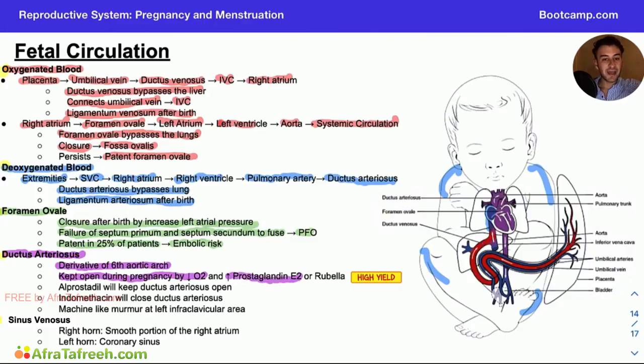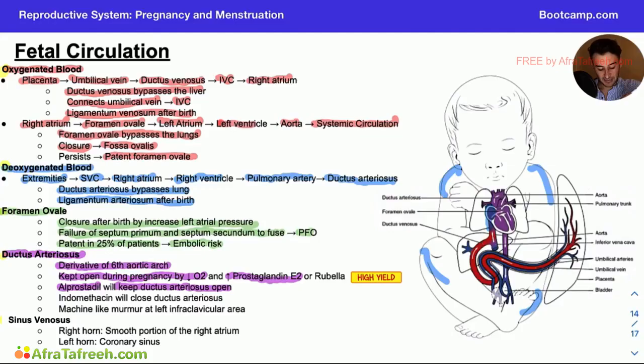And actually, when we have infants with congenital abnormalities in their heart, we can use a derivative of prostaglandin E2 called alprostadil, and this will keep the ductus arteriosus open, because when someone has a heart that has abnormal chambers in certain congenital anomalies, it can be beneficial to keep that vascular connection open, and we can do that with alprostadil.